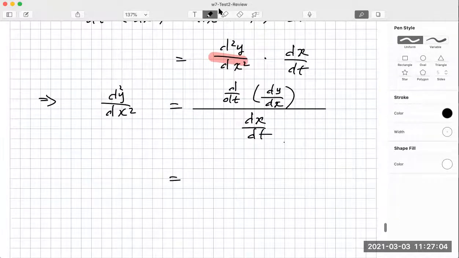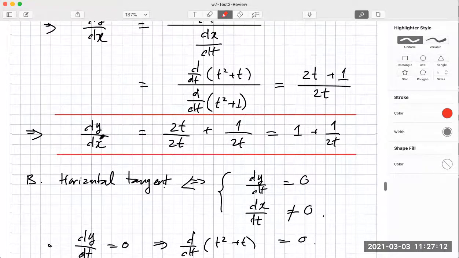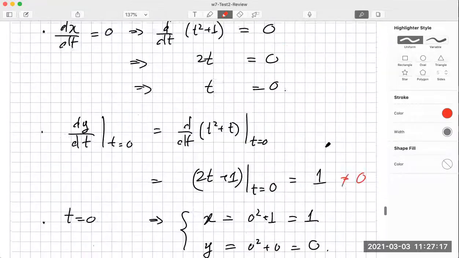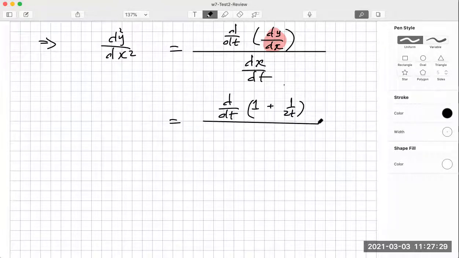Okay, dy over dx, what is it? It is found here. Dy over dx will be this guy, 1 plus 1 over 2t, right? 1 plus 1 over 2t, d over dt, right? That is dy over dx. And dx over dt, and x is t squared plus 1, right?